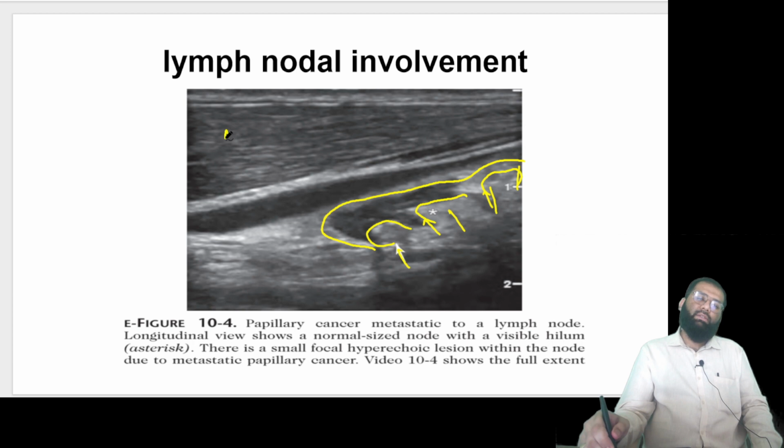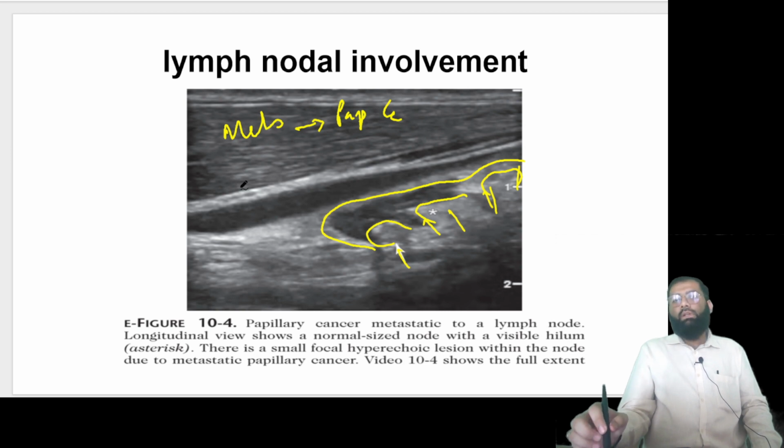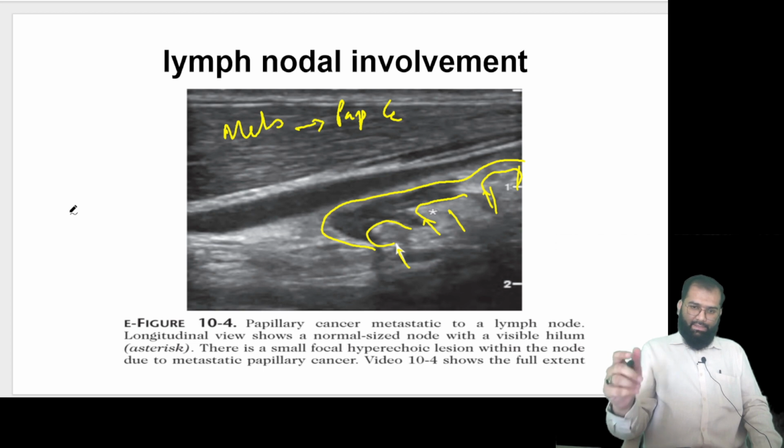So this is a classic METS in case of papillary CA of thyroid.